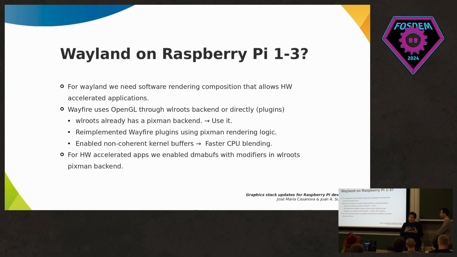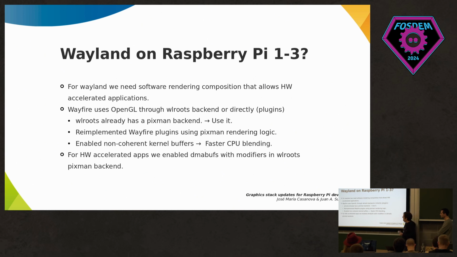The problem with using Wayfire for software composition is that Wayfire is quite tied to OpenGL. It's using the wlroots backend, and in several parts of the code, mainly in the plugins doing the different effects, we are doing calls to the OpenGL API, and we don't want to do that.